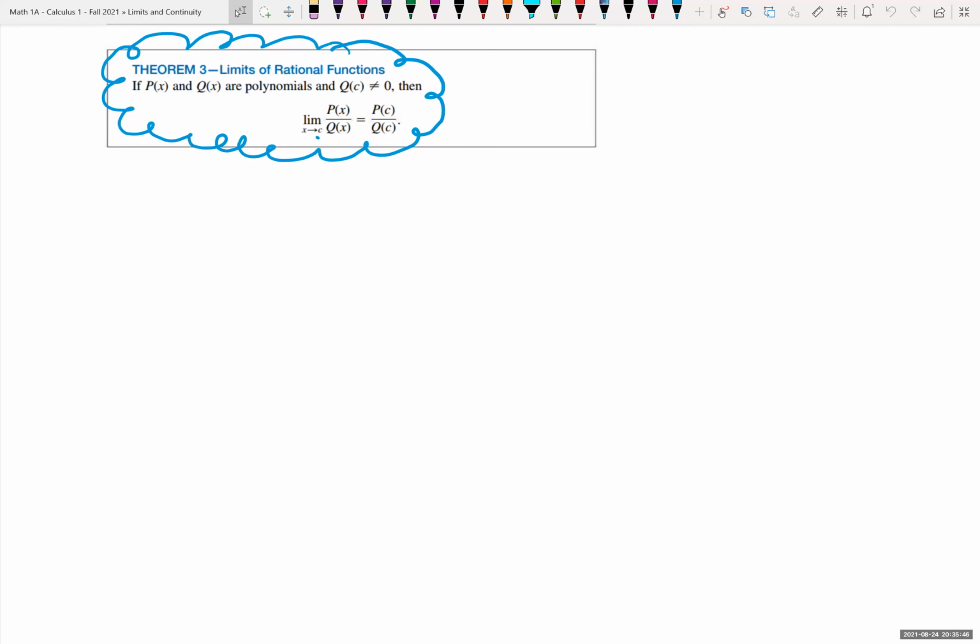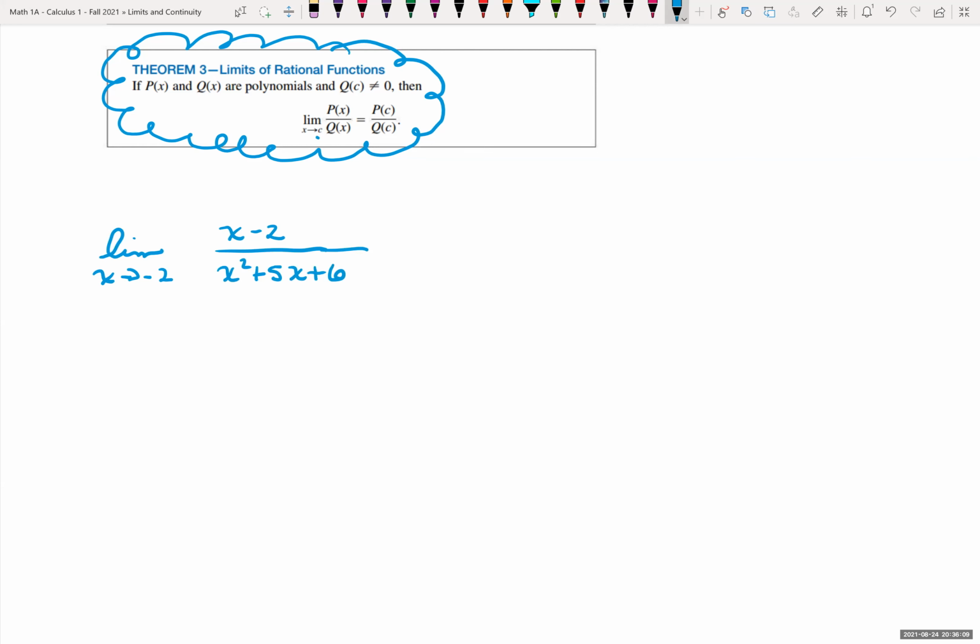Okay, so we're looking at the limit as x is approaching -2 of x minus 2 in the numerator, all over x squared plus 5x plus 6 in the denominator.